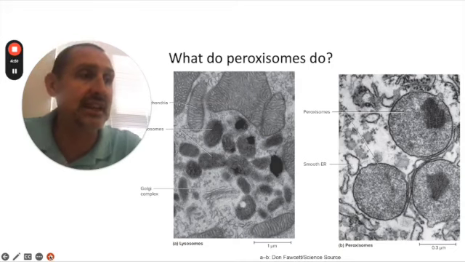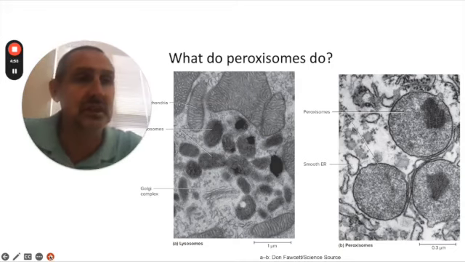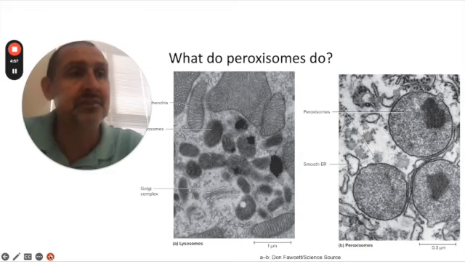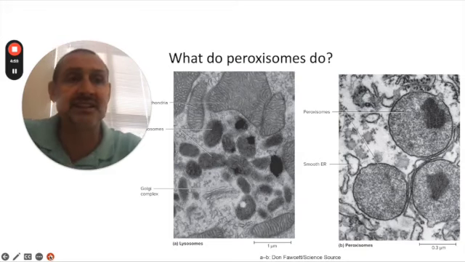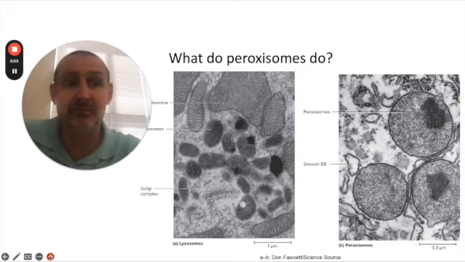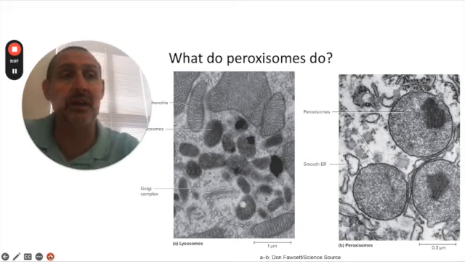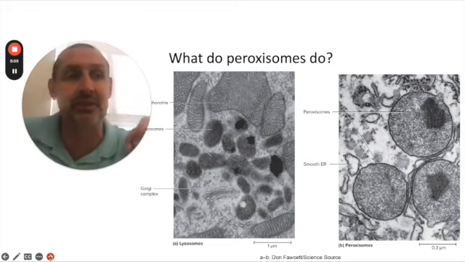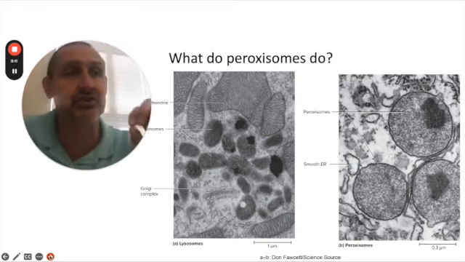Peroxisomes have a slightly different job than the lysosomes. Peroxisomes help to neutralize things like free radicals, and that's going to help the body in several ways, but mostly by reducing something called oxidative stress.